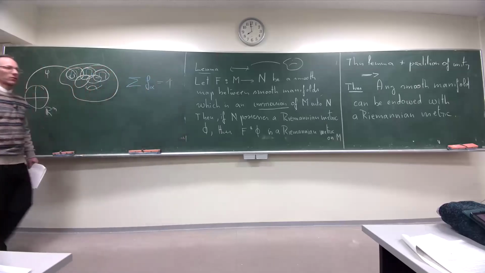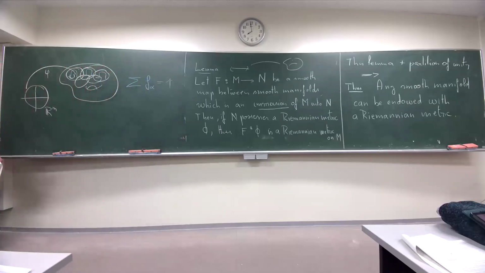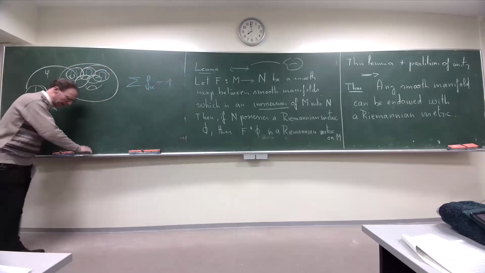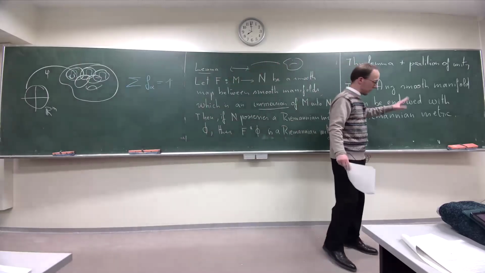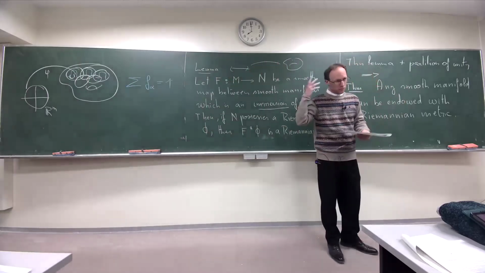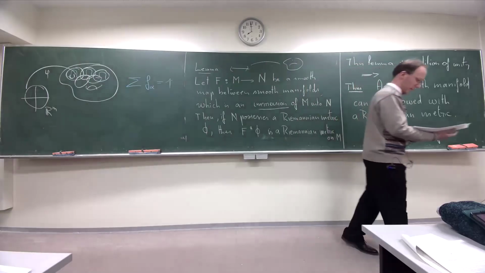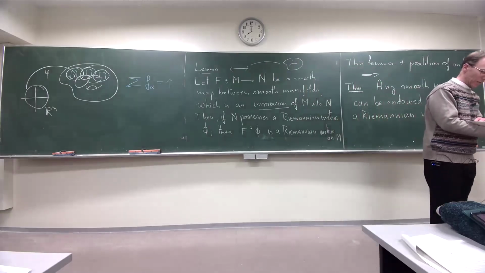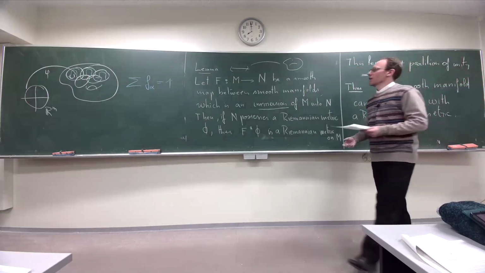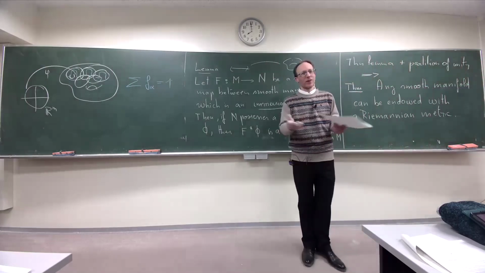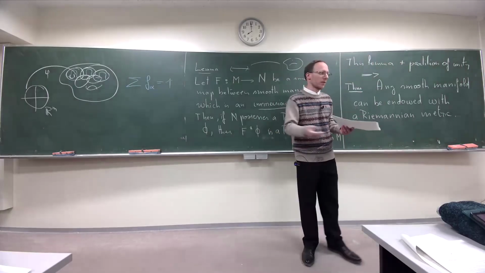Remember this trick, we add a 1 somewhere and we decompose it. It's not a proof. I don't remember if I put it as an exercise, but if you think about it, it's not completely surprising that any smooth manifold can be given a Riemannian metric. So it means Riemannian manifolds are quite common.